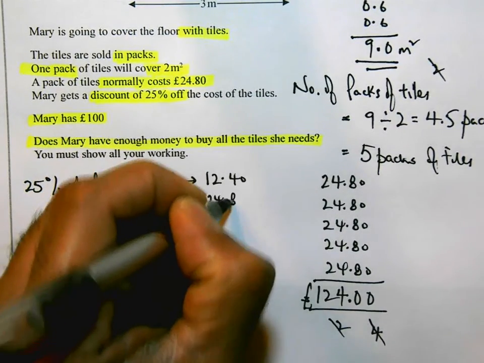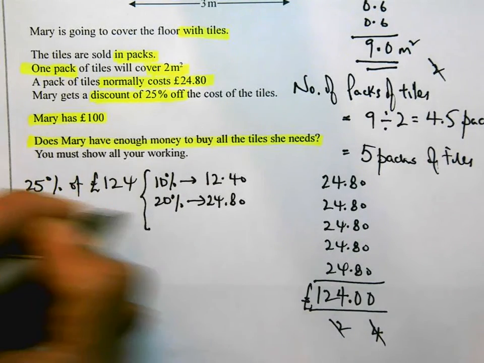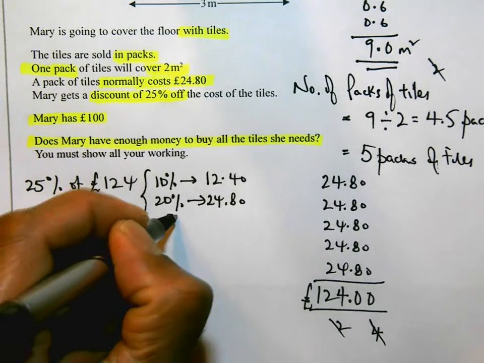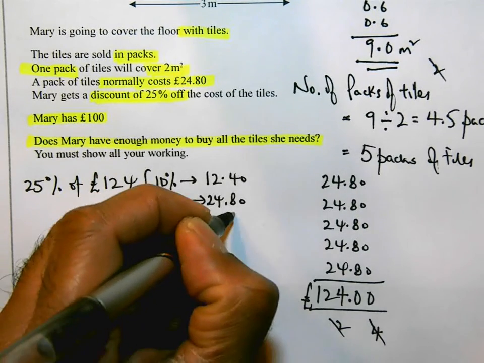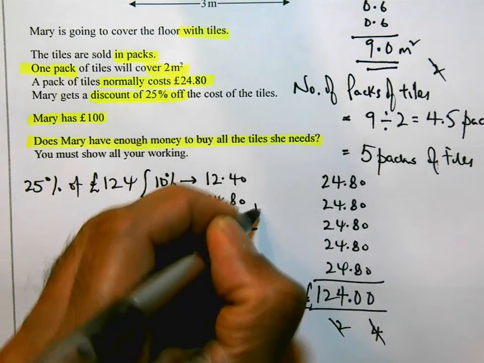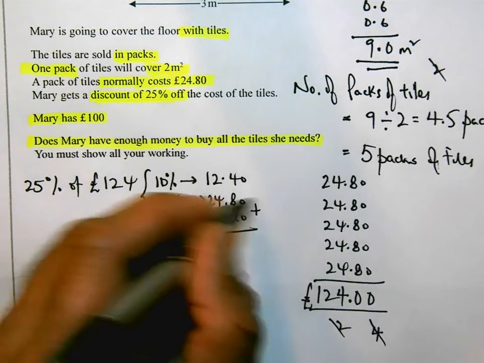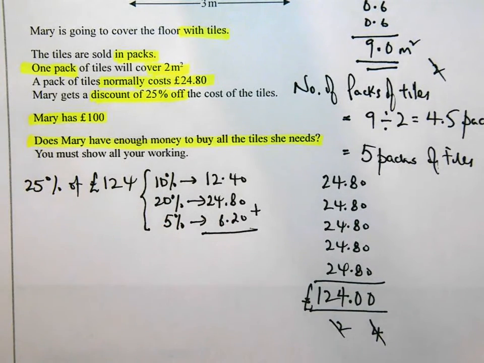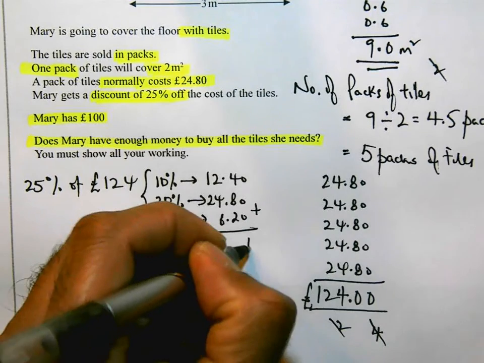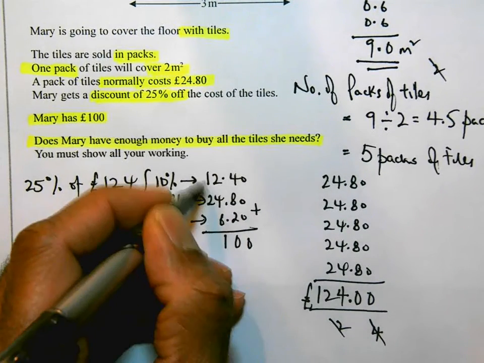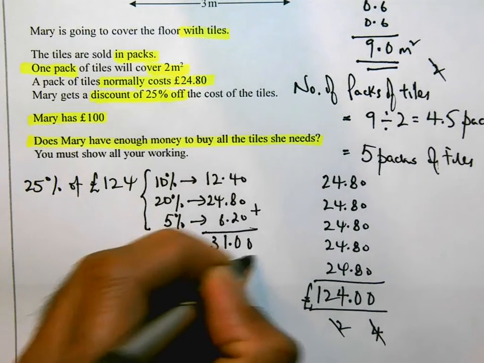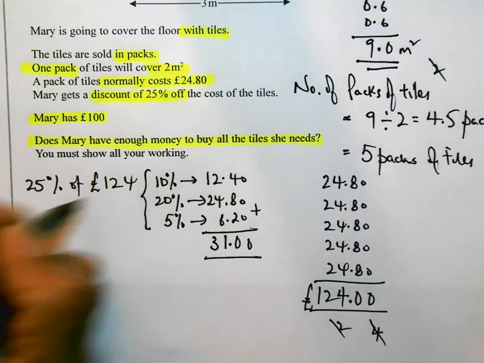Remember, I need 25%, so I need 5 more percent. Half of 10%, that's going to be £6.20. If I add 24.80 and 6.20, I should get my answer. That's going to be 0, 10 carry 1, 11, 3. Put the decimal point back in. So 25% of 124 is going to be £31.